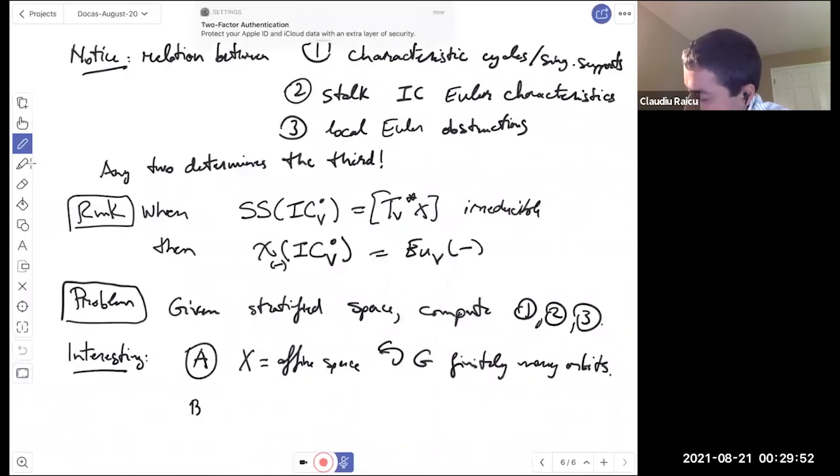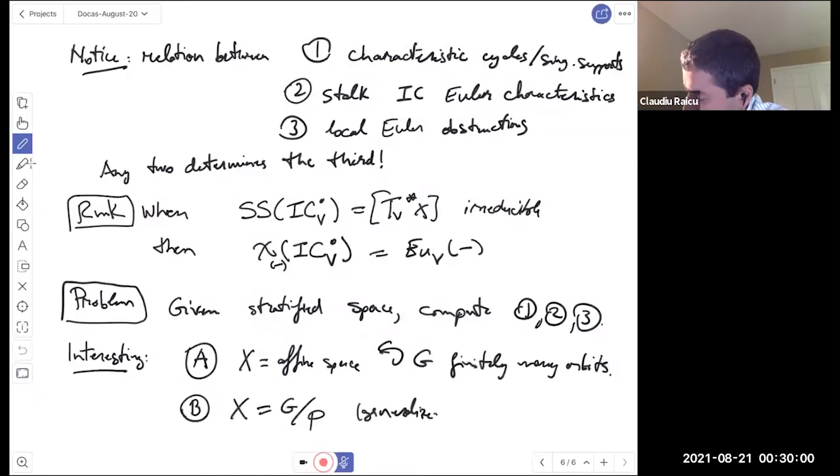Another example would be when X is a generalized Schubert variety, and I'll do an example of that next time.